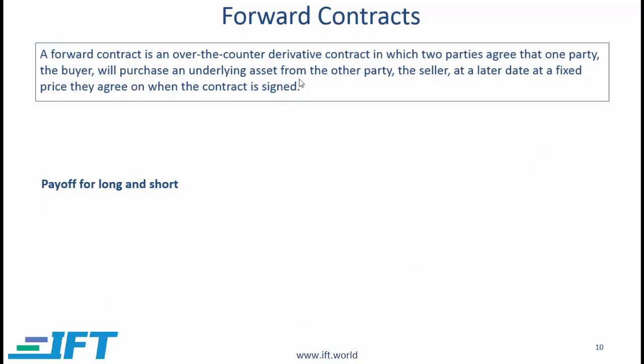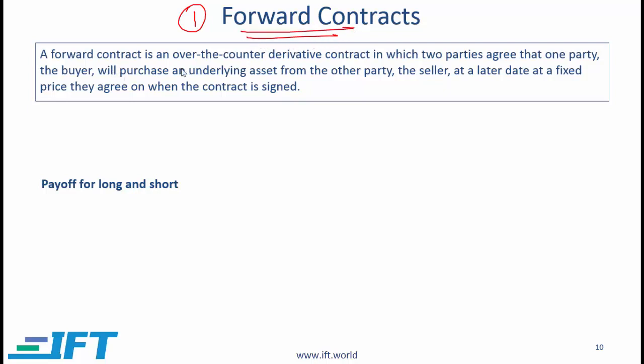Let us now get into the different kinds of forward commitments in more detail. The first one that I just mentioned is a forward contract. And again, don't get confused. Forward commitments is the high-level term. Under forward commitments, we have forward contracts, futures, and swaps. Here we are talking about forward contracts.